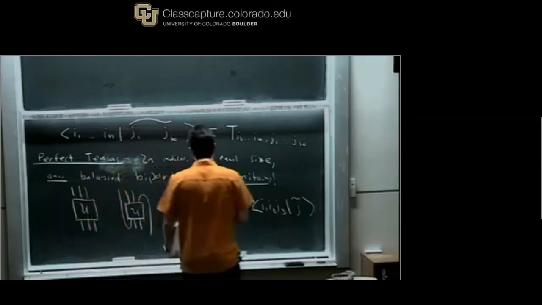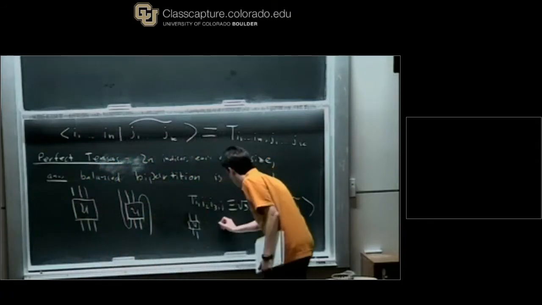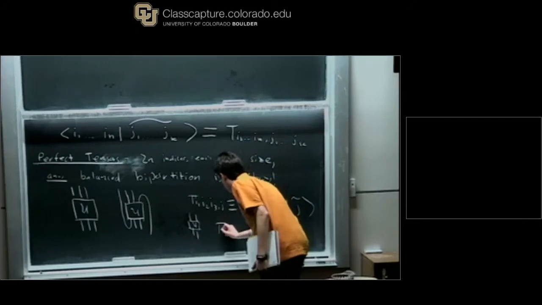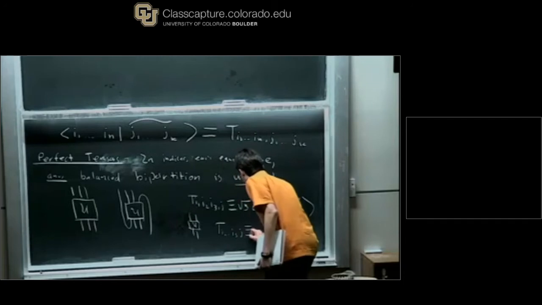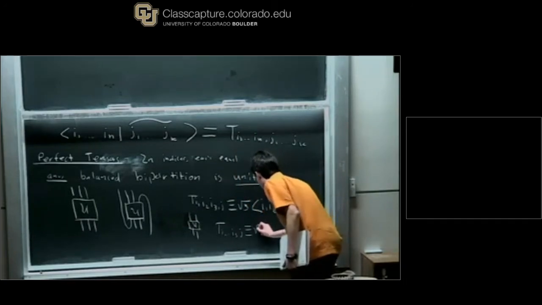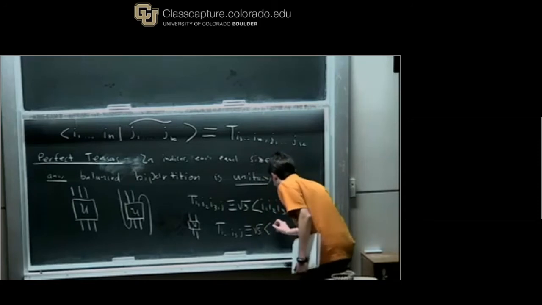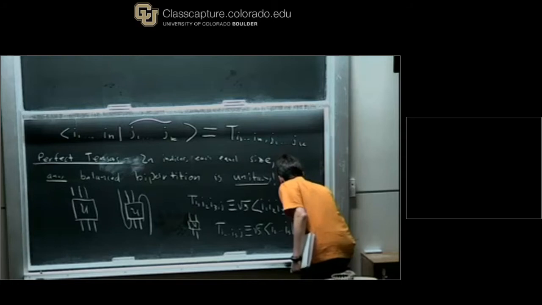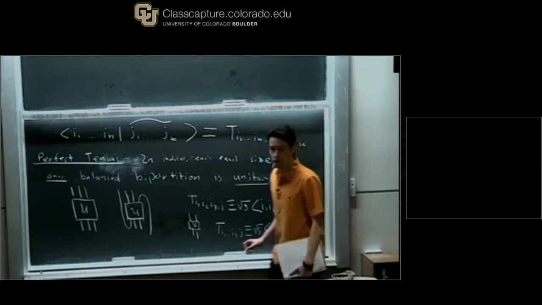So that code also defines a perfect tensor. Let's say I1 to I5, J. I think maybe it's a square root of 5 that goes here. And then we take the encoding map, I1 to I5, with J tilde.